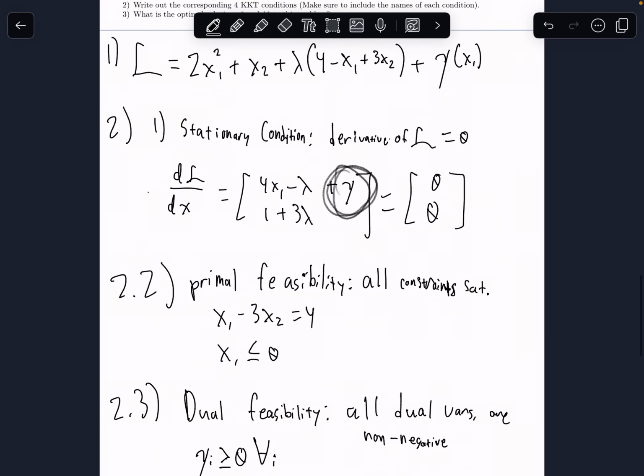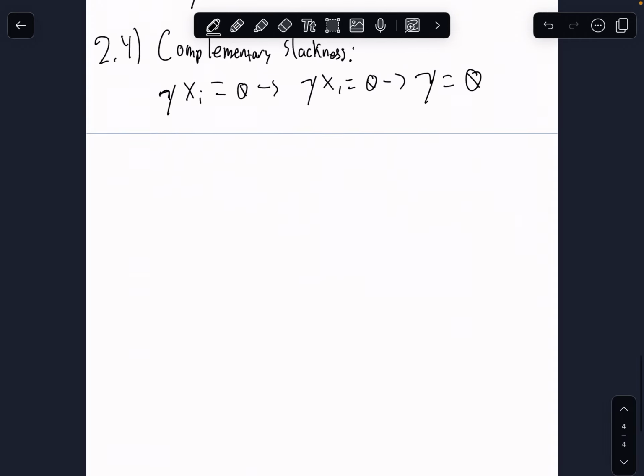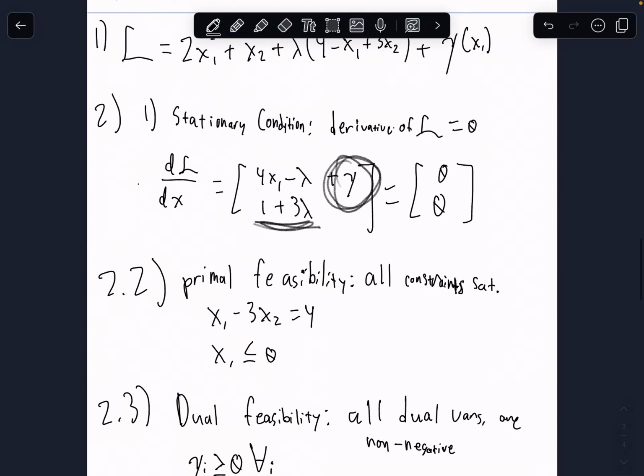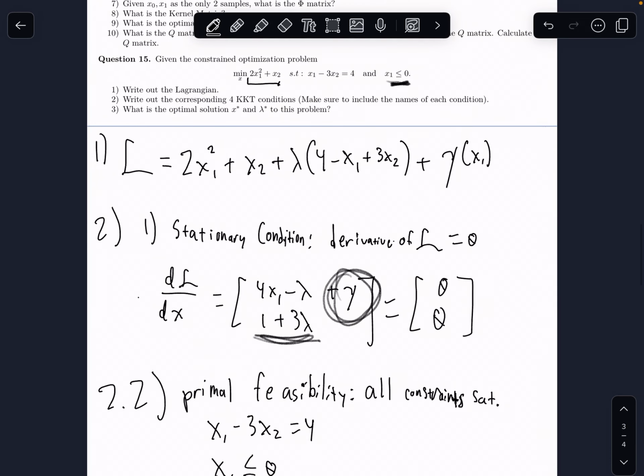So let's use this. We see 1 plus 3 lambda equals 0. So already I can tell you lambda equals negative 1/3, because if 1 plus 3 lambda is 0, then lambda must equal negative 1/3.